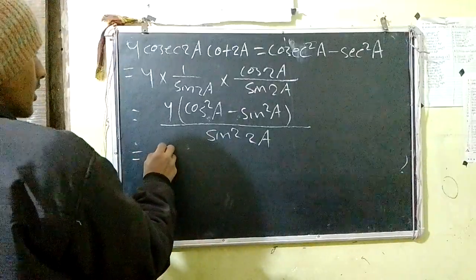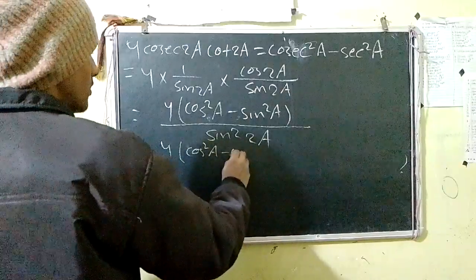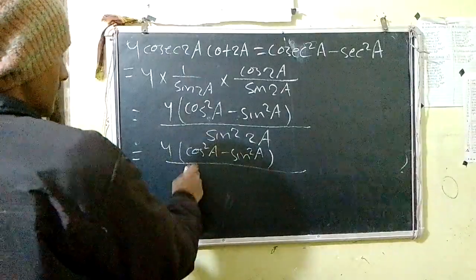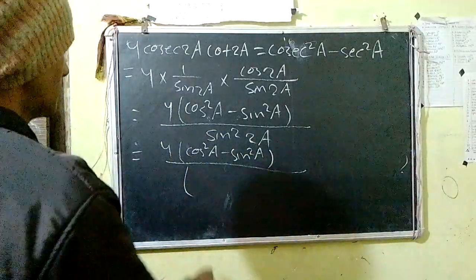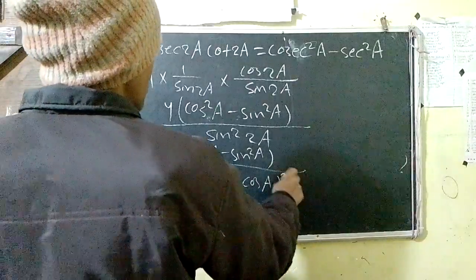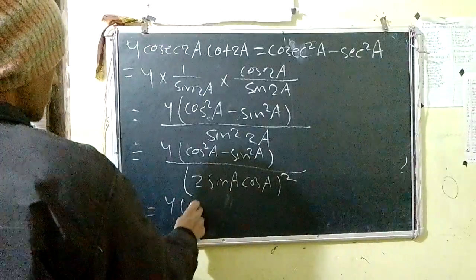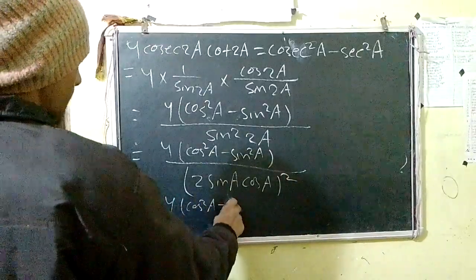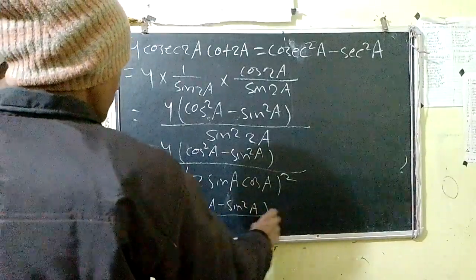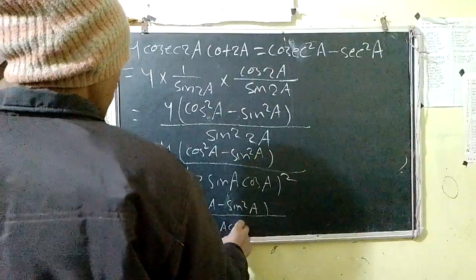Now I can write this further as 4 times cosine squared a minus sine squared a divided by sine 2a, and let's square it. Let's use the formula of sine 2a and then square it. It's going to be 2 sine a cosine a, and this thing squared. So this changes into 4 cosine squared a minus sine squared a divided by 4 sine squared a cosine squared a.